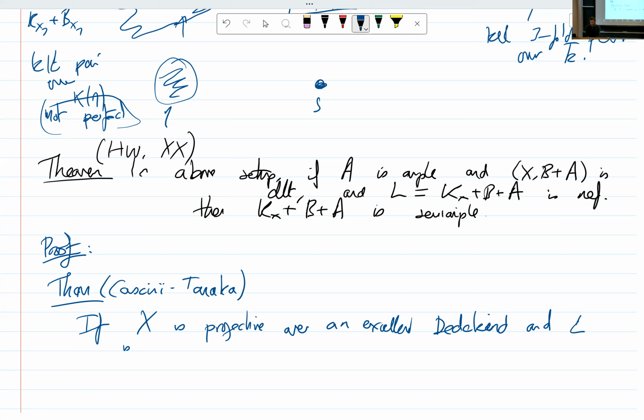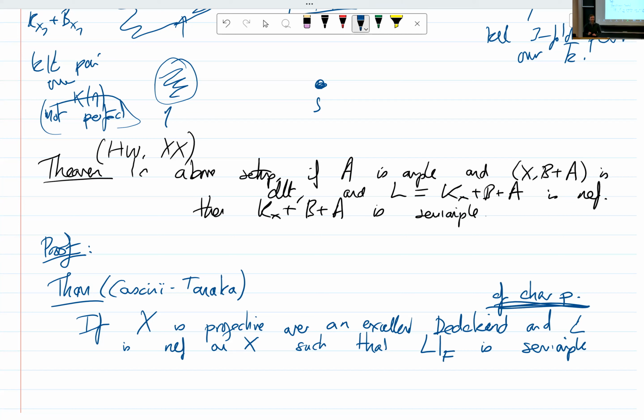L is a nef line bundle on X such that L restricted to F is semi-ample, excellent Dedekind domain of characteristic p.